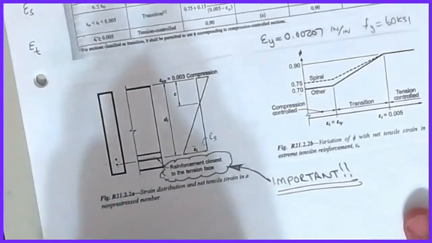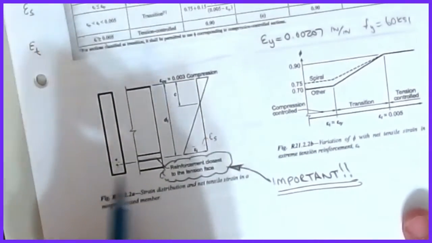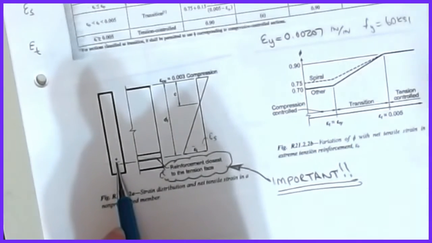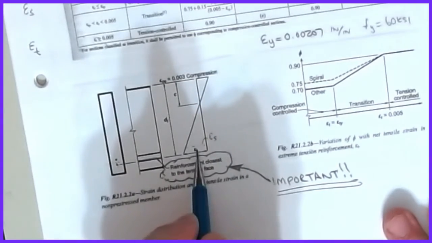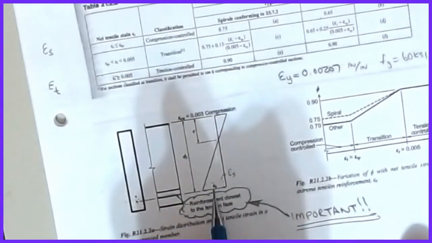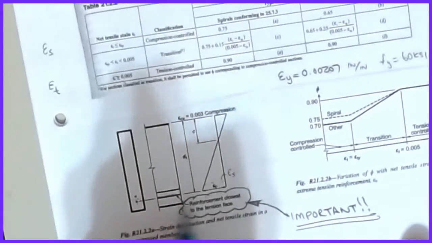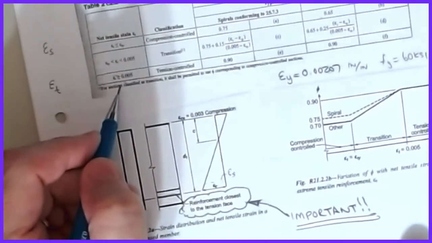Now, a lot of times I'll cheat a little bit on this, and typically what I'll do is, if I calculate my epsilon s, which is really easy to get, the one that's at the centroid, because I have all my relationships from before on that, I'll use that as my check. Okay, because if epsilon s is greater than 0.005, which is what I want, then clearly epsilon t is also greater than 0.005.